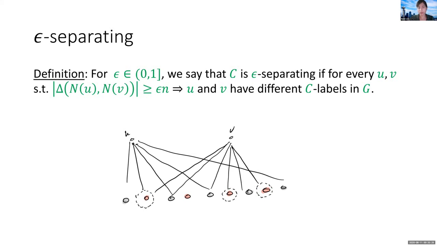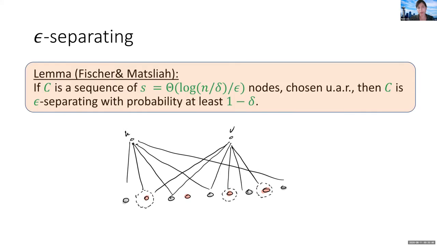Essentially, if the neighborhoods of U and V are sufficiently different, then we want their C labels to be different. Fisher and Matzliach show that if the size of the sequence C is theta of log n over delta over epsilon nodes, chosen uniformly at random, then C is epsilon separating with probability at least 1 minus delta.